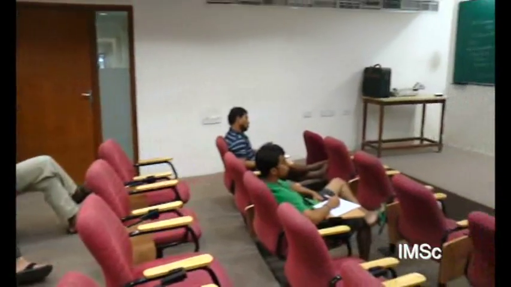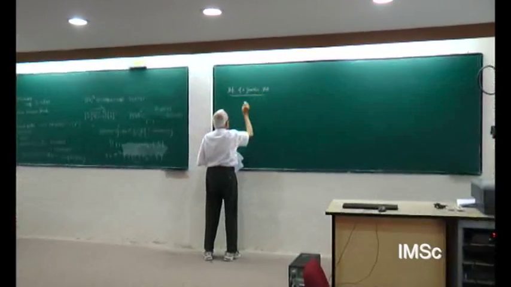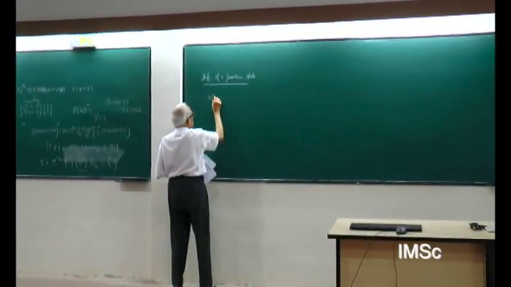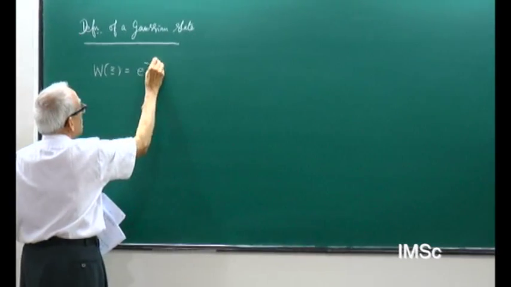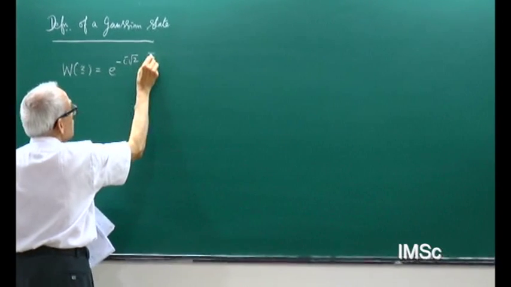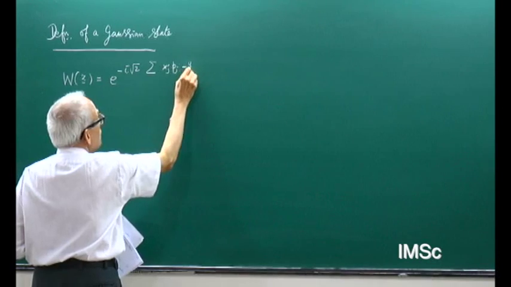Now I come to the formal definition of a Gaussian state. Definition of a Gaussian state. I had already introduced this formula W(z) equal to e to the minus i root 2 into sigma x_j p_j minus y_j q_j.